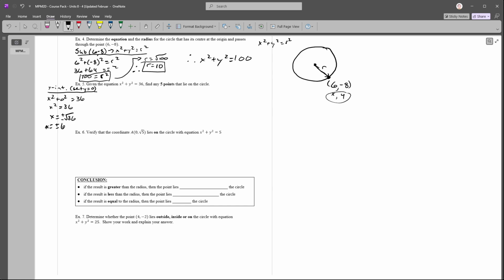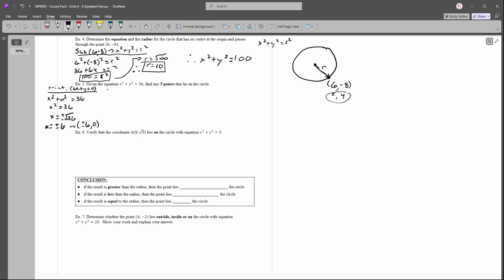If I have positive 6 squared, I get 36. So when we take the square root of both sides, it technically works for both. That's why we get both plus and minus 6 in this case. So we have plus or minus 6, comma 0. So there's 2 of our points.